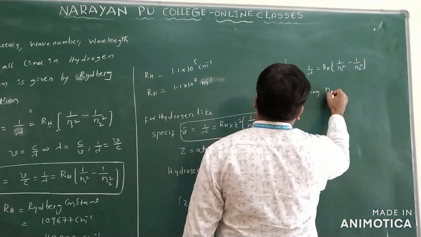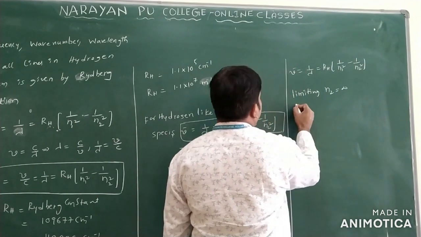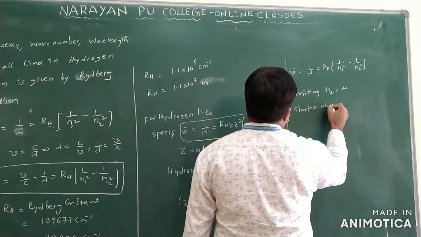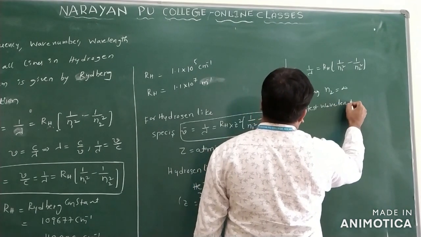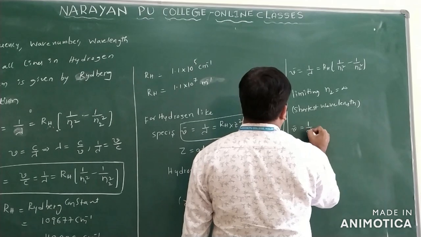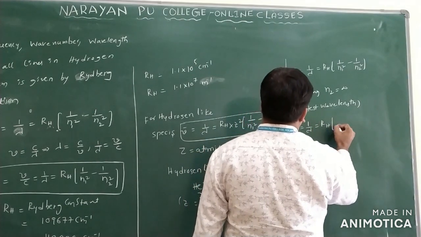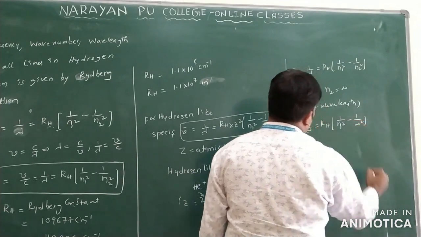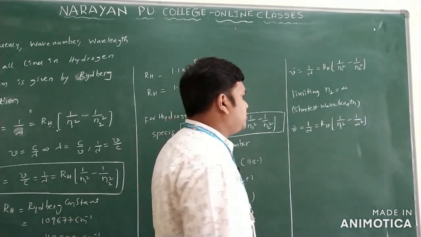For the limiting line, it means N2 is equal to infinity, and this you are calling the shortest wavelength line. So I will write here nu bar is equal to 1 by lambda, that is RH into 1 by N1 square minus 1 by infinity square. 1 by infinity means what here? 0 only.